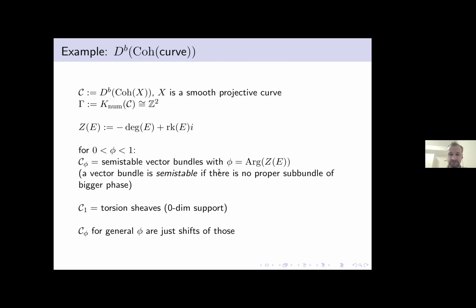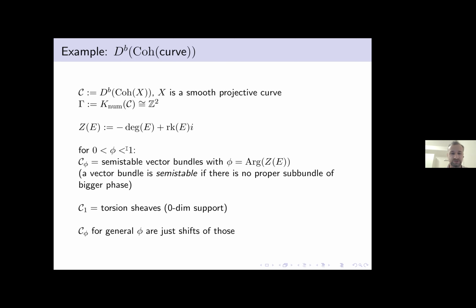In higher dimensions, you'd want there to also be no coherent subsheaves. Then you sort of have to also combine the torsion sheaves and put them in the category. Basically, any indecomposable here will be either a vector bundle or a torsion sheaf, and you need to deal with them separately. So things of phase 1.